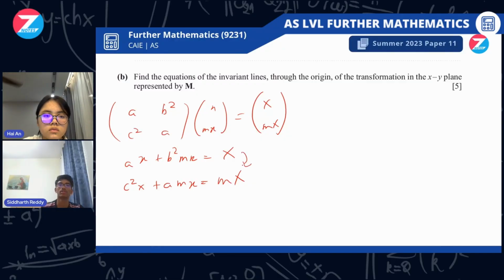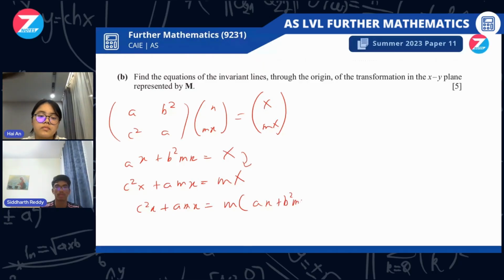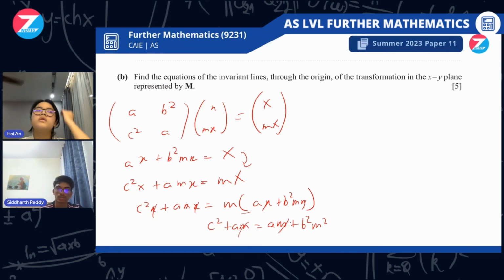Now let's substitute this value for capital X over here. So you have c squared x plus amx is equal to m into ax plus b squared mx. Let's cancel out all the x's. So you have c squared plus am is equal to am plus b squared m squared. So am can be cancelled out.